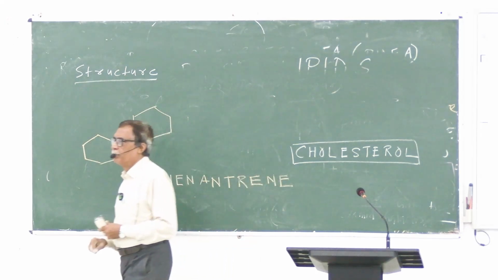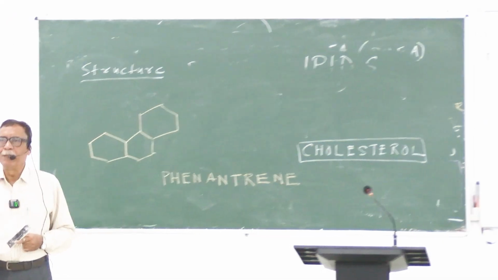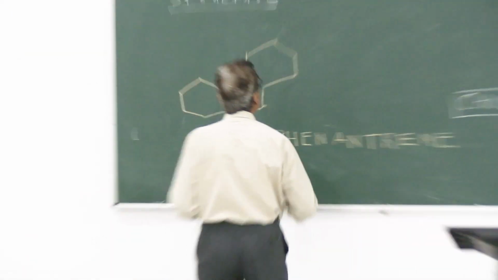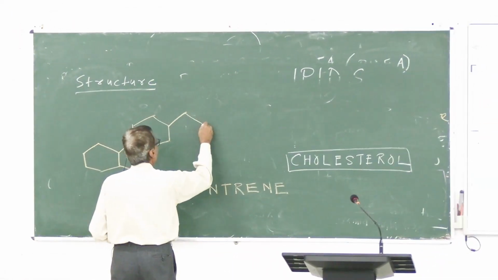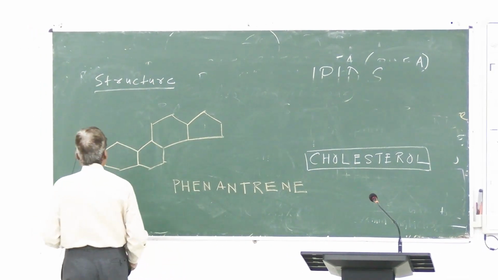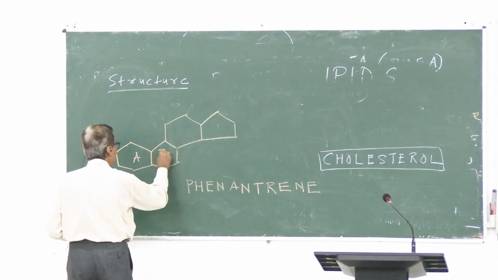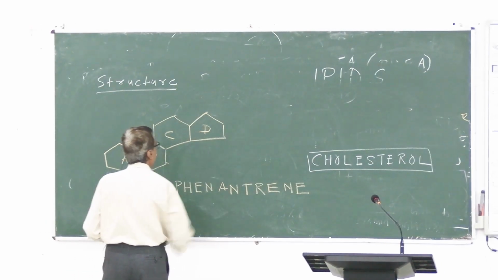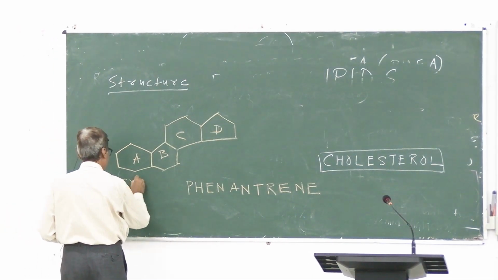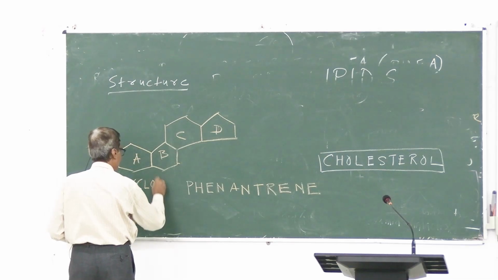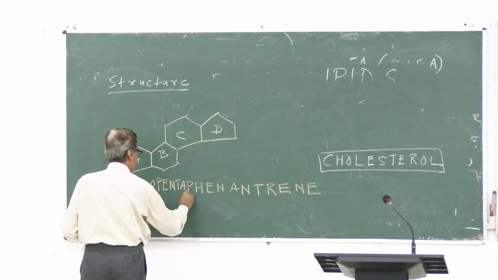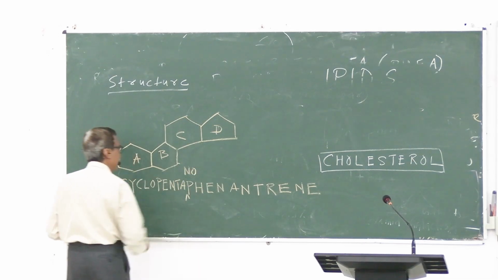The 3 benzene rings are collectively known as phenanthrene. On phenanthrene, there is a cyclopentane ring. তাহলে 4টে রিং হলো A, B, C and D. এটার নাম হবে কি cyclopentane of phenanthrene.